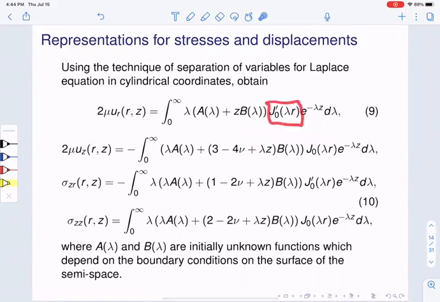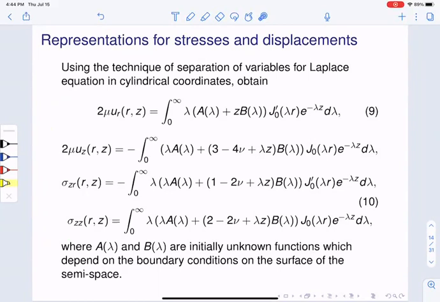J0 is again a Bessel function of zero order of the first kind. Now, if we had a classical problem, we would substitute these representations in the boundary conditions and invert Hankel transforms, which would essentially solve our problem for A of lambda and B of lambda.